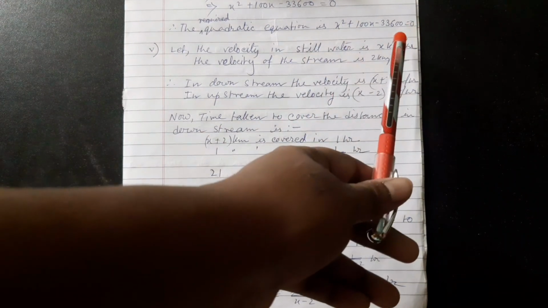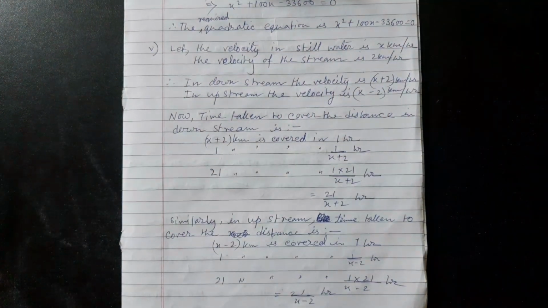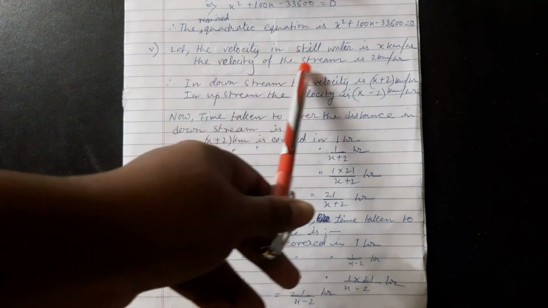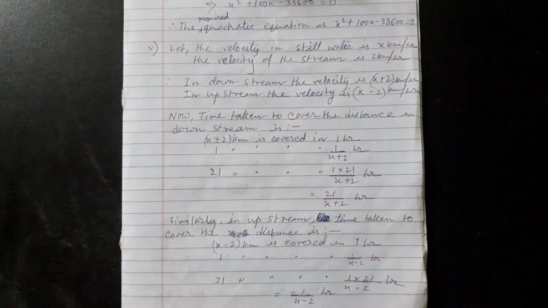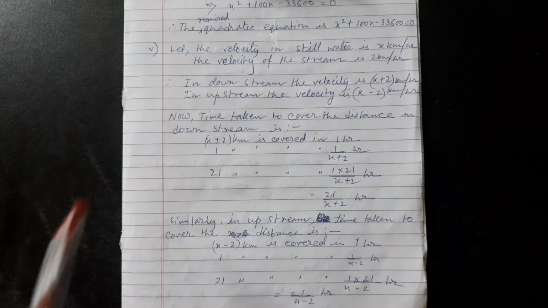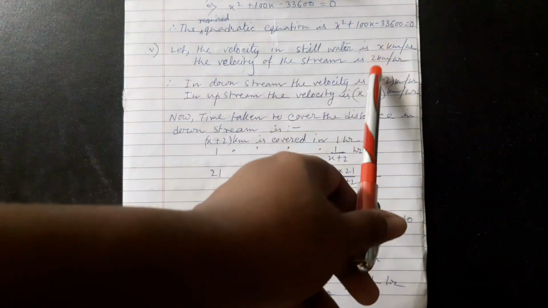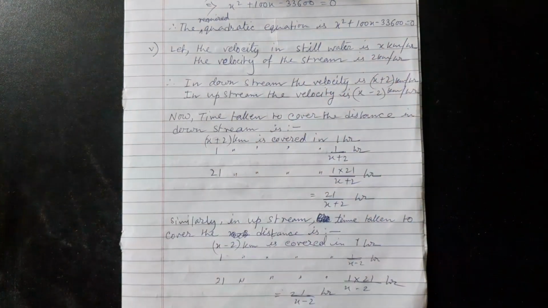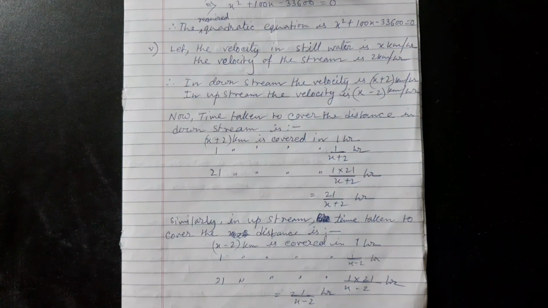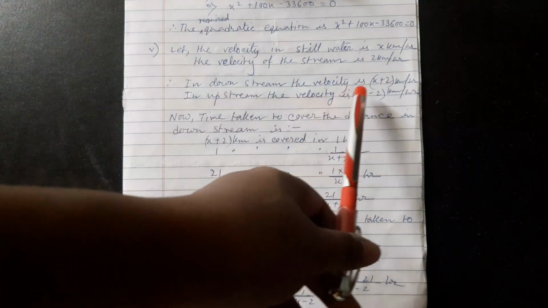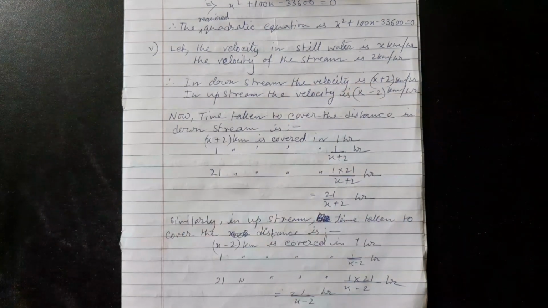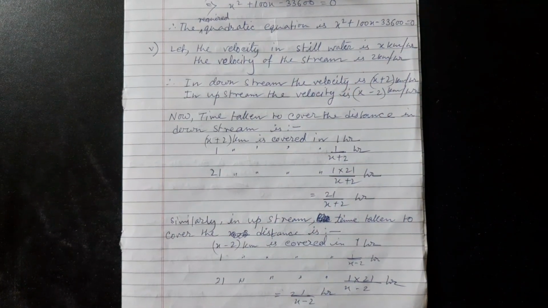It is x kilometer per hour. We assume this quantity. Now, the velocity of the stream is 2 km per hour. It is given. So, the downstream velocity is x plus 2 km per hour, and the upstream velocity is x minus 2 km per hour. We know that.